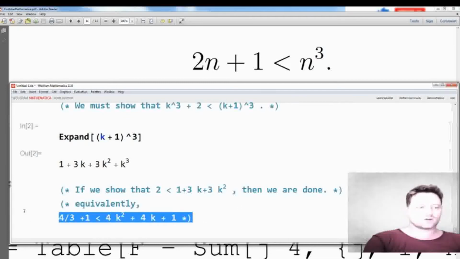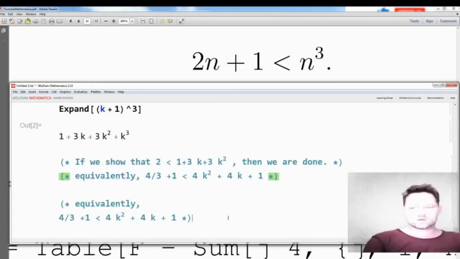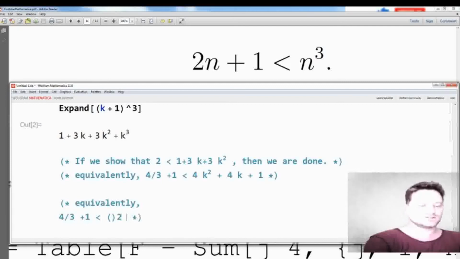All right, so I'll copy this and say that this is equivalent to, now this right hand side is 2k plus 1 all squared. And the left hand side is 4 thirds plus 3 thirds, which is 7 thirds.